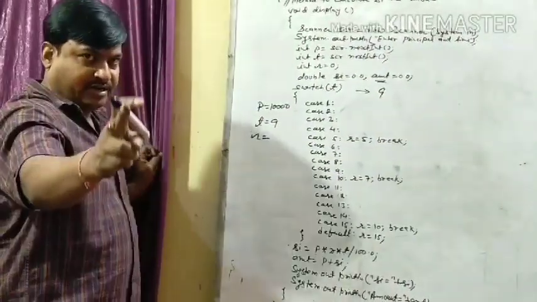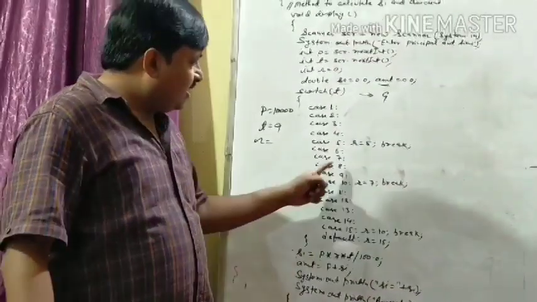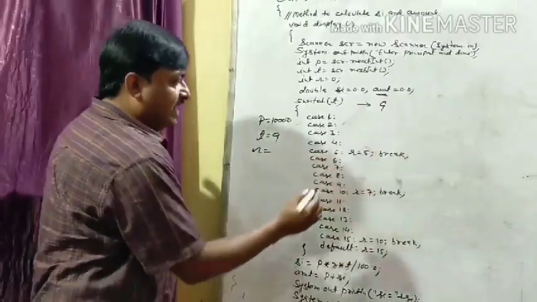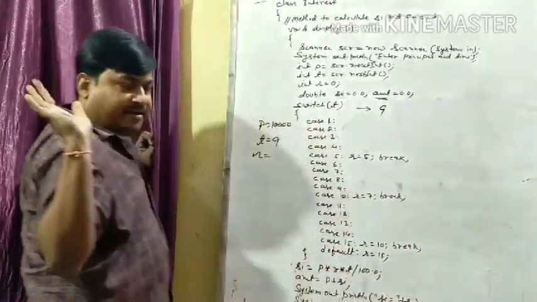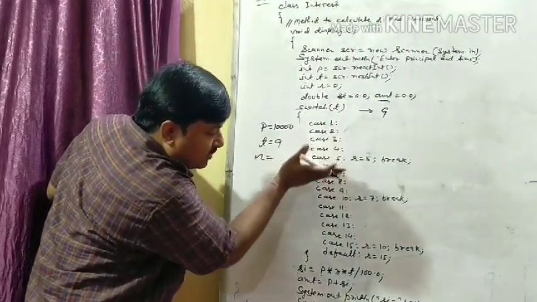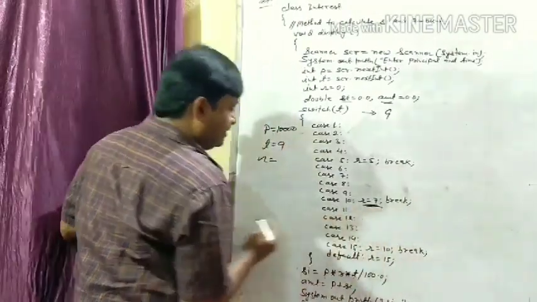Therefore, case 9 will be executed. Understood? Yes, sir. In case 9, there is no statement and no break statement. Therefore, the control falls to case number 10. In case number 10, R equal to 7 is given.